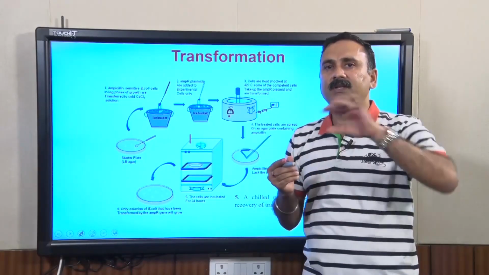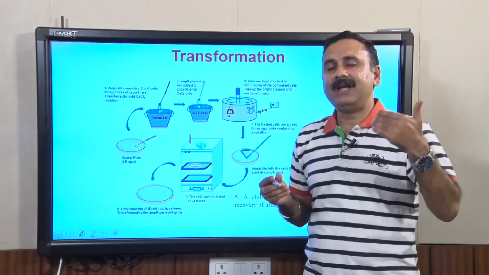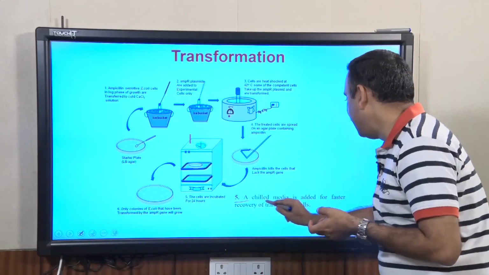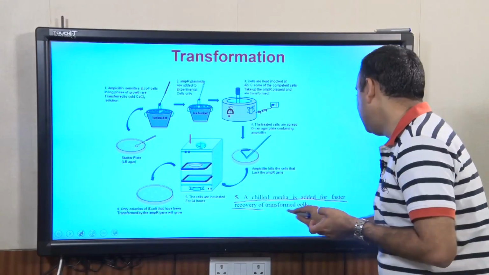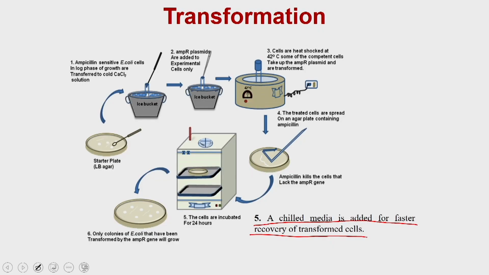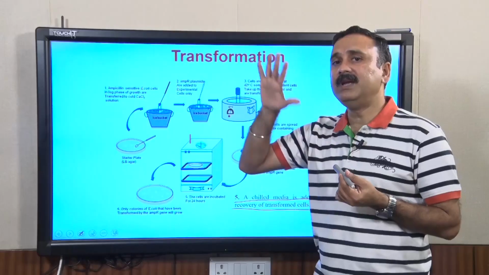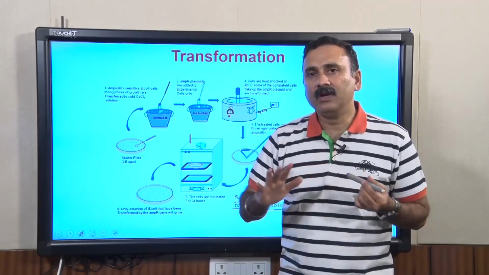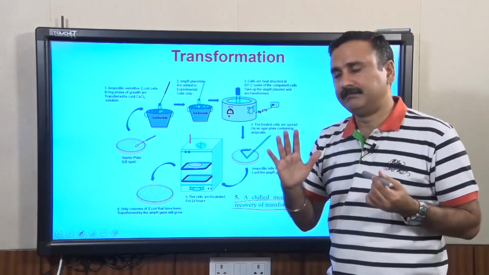Then you reverse things by adding chilled media, and that makes the recovery of the bacteria very fast. In that process all those pores are sealed, and that is how the plasmid present inside remains intact.